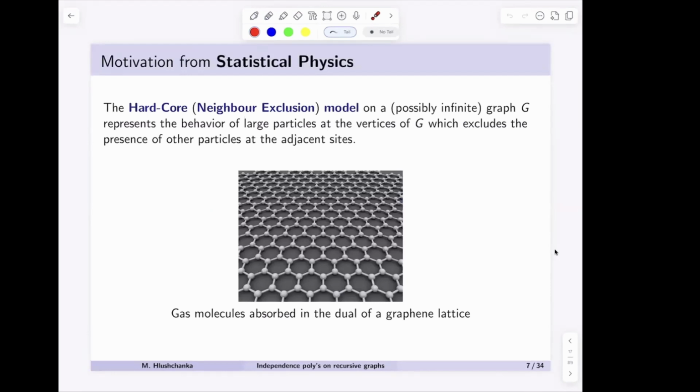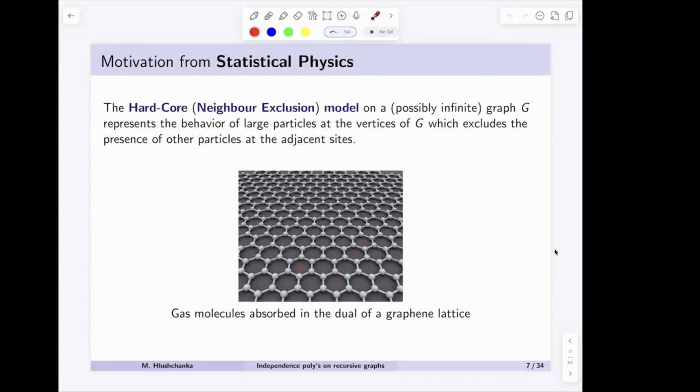The hardcore or the neighbor exclusion model describes the behavior of particles at the vertices of some possibly infinite graph G. They assume that you forbid the presence of particles at adjacent vertices. One of the standard physics models is the distribution of gas molecules within the dual of this graphene lattice.